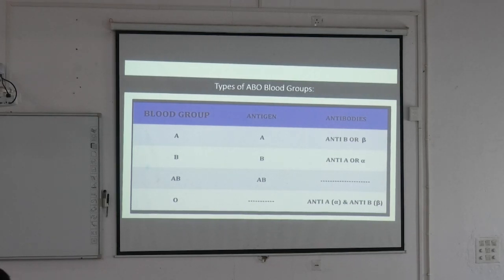So, will there be any antibody? No antibody, no agglutinin. And for blood group O, there is absence of both A and B antigens, and presence of both anti-A and anti-B, both alpha and beta types of agglutinin.